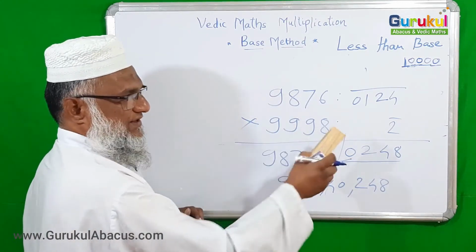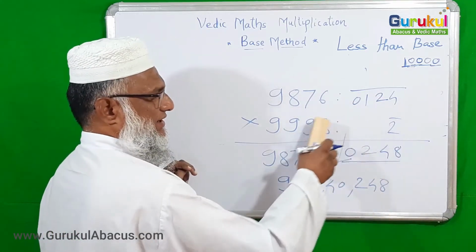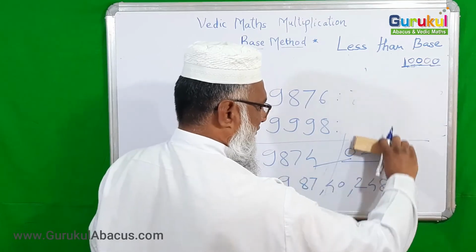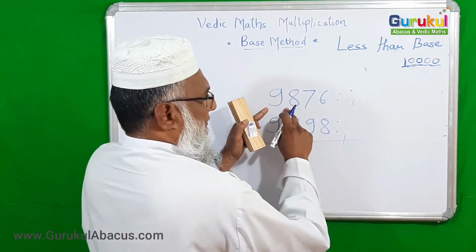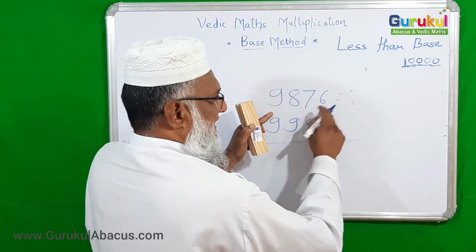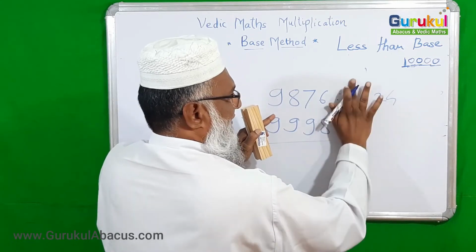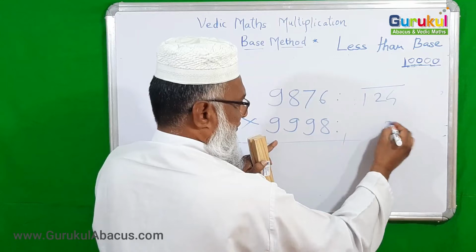Okay, it was a 4-digit number and it is easy to understand. Just you will understand again. One more time the same example we are going to solve. This number is less than base by 124. This number is less than base by 2.